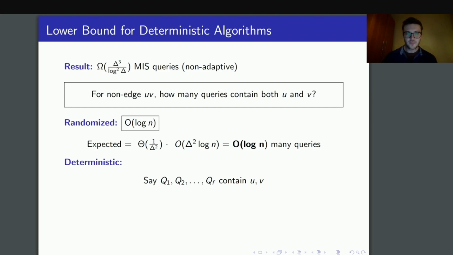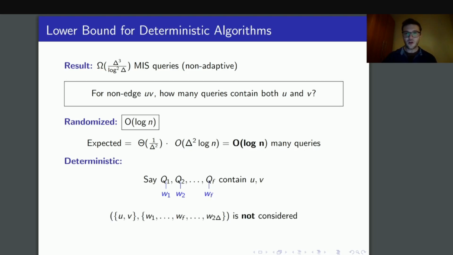In query 1, we could choose another vertex other than U and V, labeled w1, and the same for our second query, and the same all the way up through to our final query. By taking these vertices and constructing a witness of correct size up to 2 delta by including other vertices that have not been considered so far, we can then show that this witness is not considered.